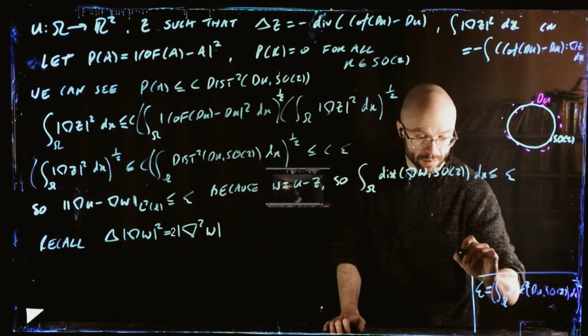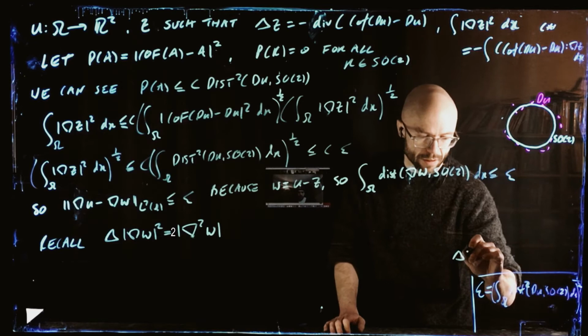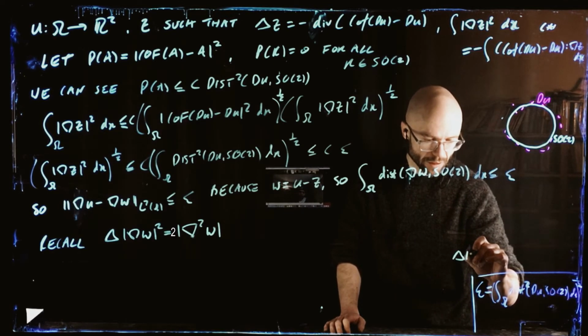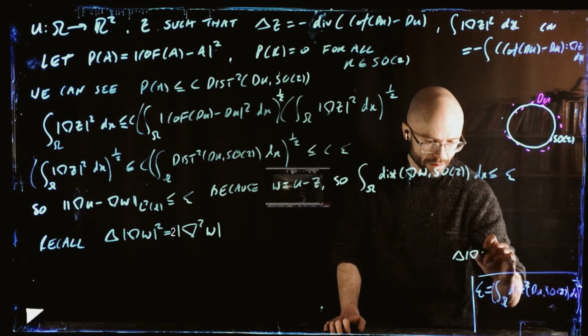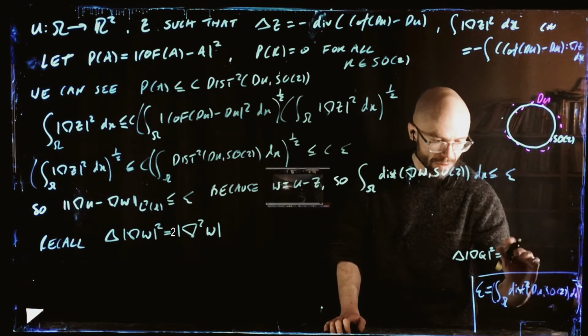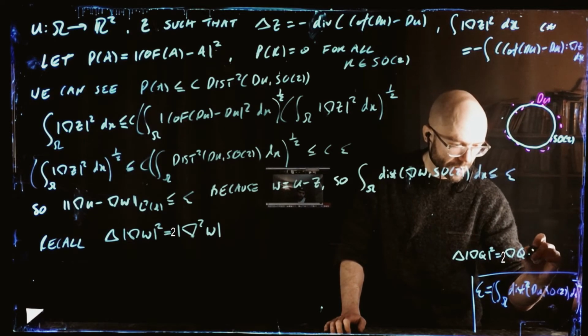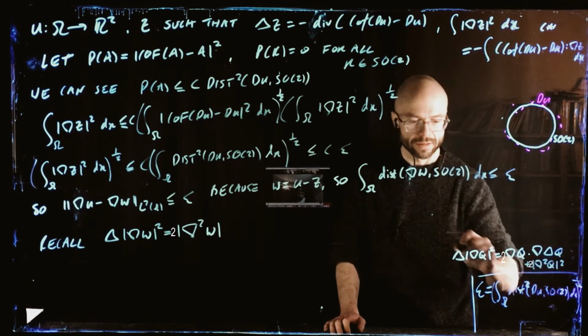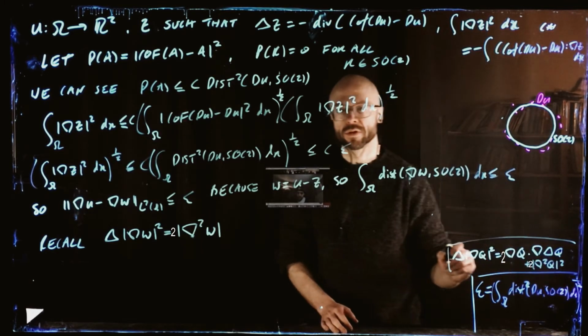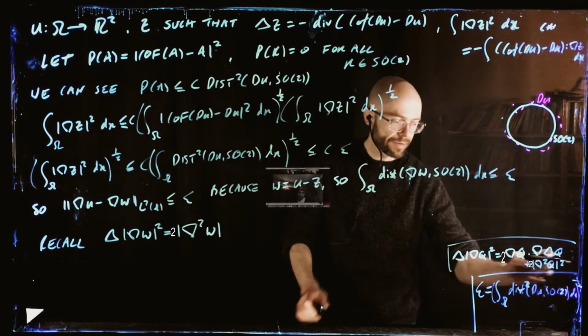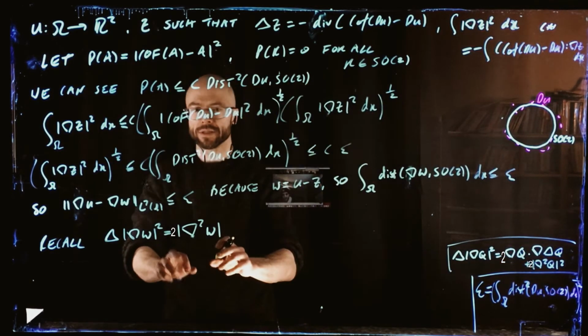So in general, let's give ourselves another function, the Laplacian of gradient of q squared is equal to gradient of q dot product, gradient of Laplacian of q plus the second gradient of q squared, like this. This is the identity we just wrote out before. Yeah. So if we have something which is harmonic, this thing is vanishing, so we just have this.